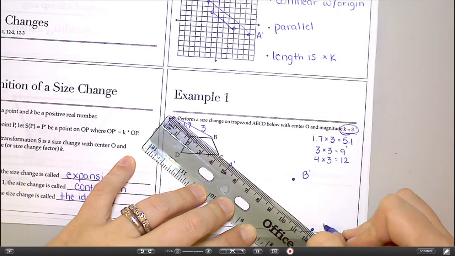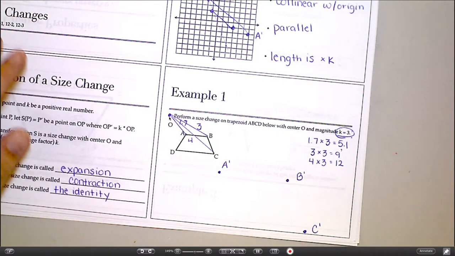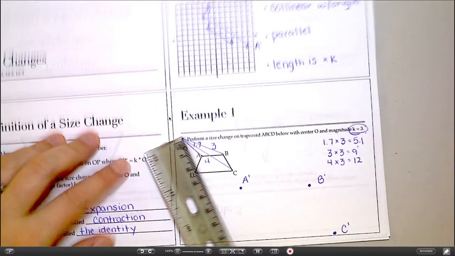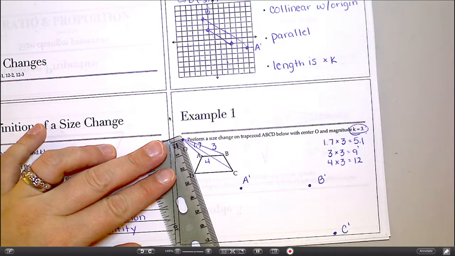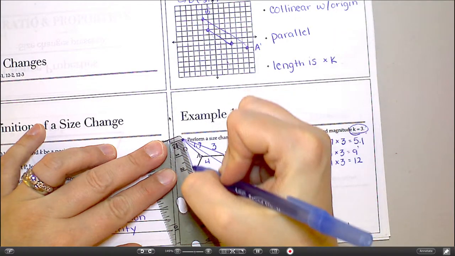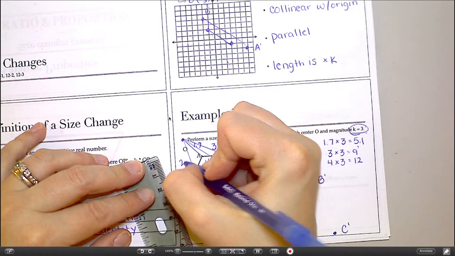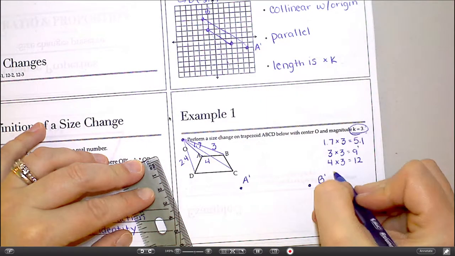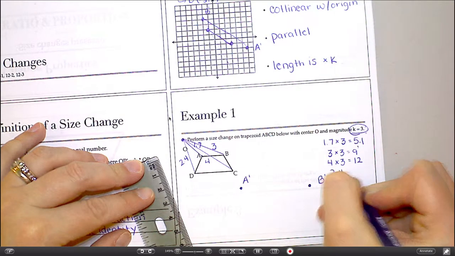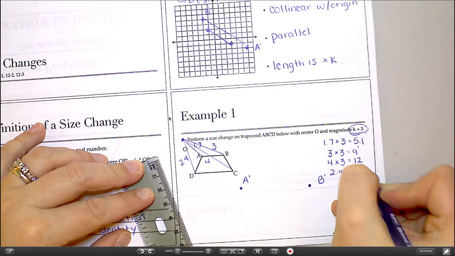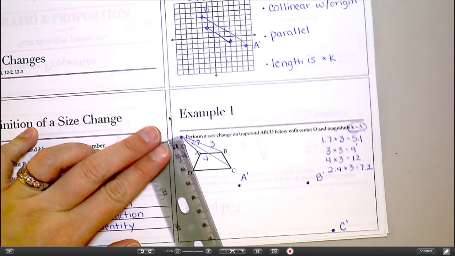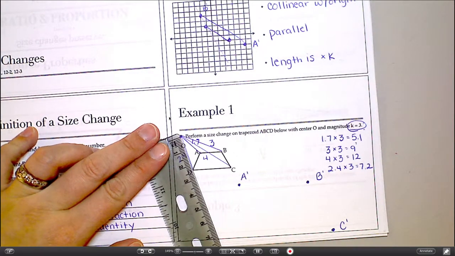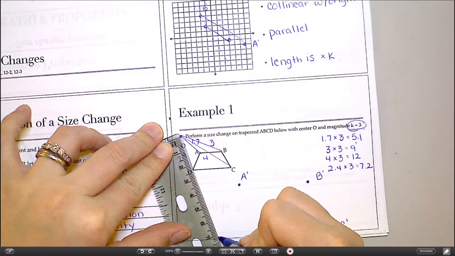So there's my C prime. And then from O to D, I get like 2.4, I believe. So I would say 2.4 times 3 is 7.2. And then I would go 7.2 from here. It's going to be right about there.